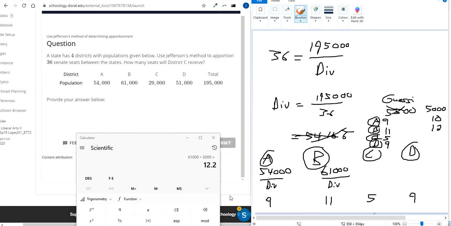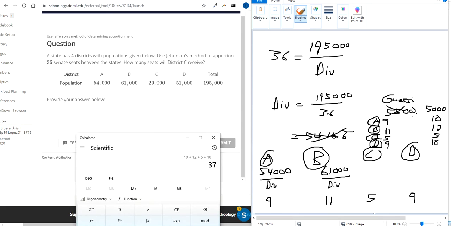For Group C, 29,000 divided by 5,000 gives us 5. Remember, you don't round, just drop the decimal. Then 51,000 divided by 5,000, we get 10 for Group D. I think we're 1 over. 10 plus 12 plus 5 plus 10, yeah, we got 37. We're only supposed to have 36.